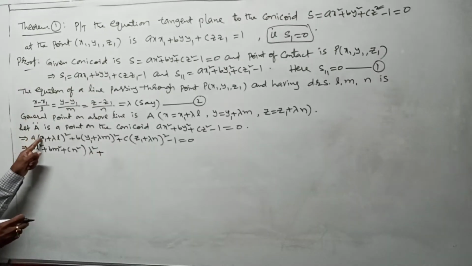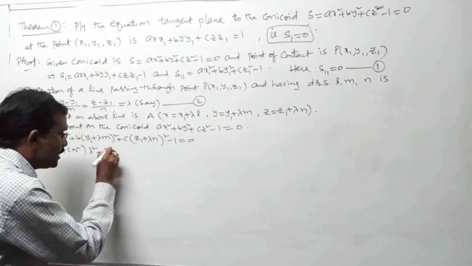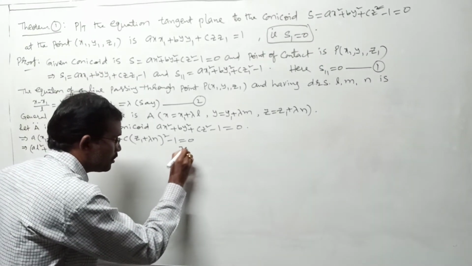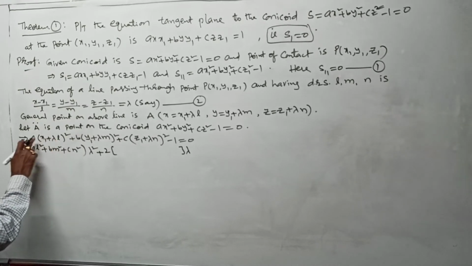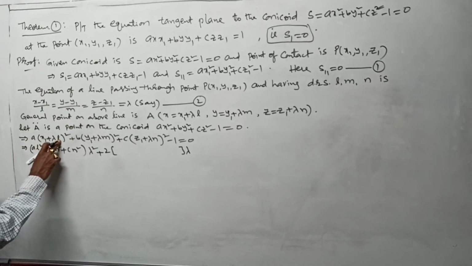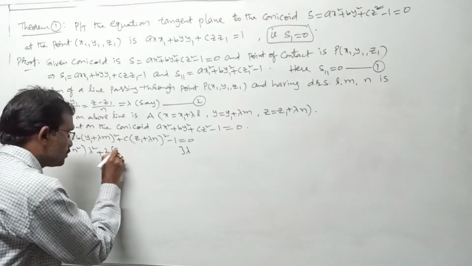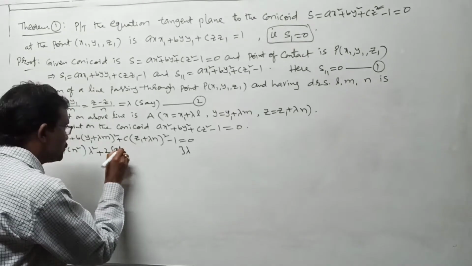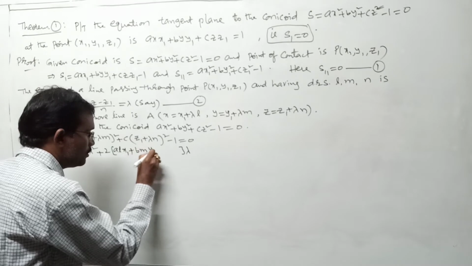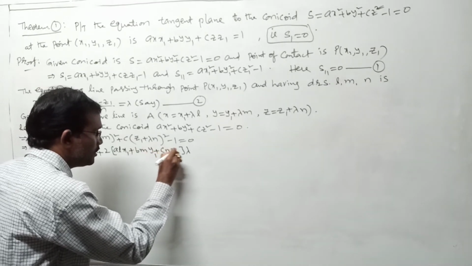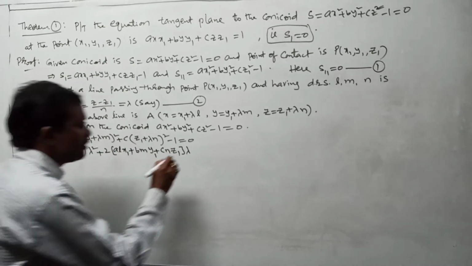In the (a + b)² expansion, the 2ab term gives the λ coefficient. There, take 2 common and λ also common. Writing the remaining expression: it is a l x1 plus b m y1 plus c n z1, that is (al x1 + bm y1 + cn z1) into 2λ. That is the λ coefficient.